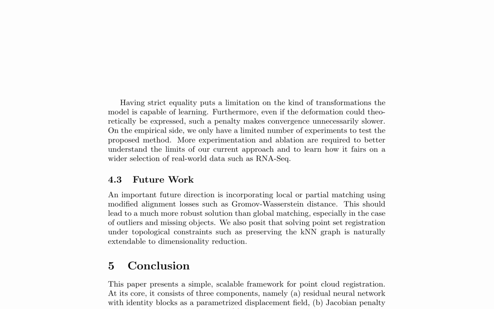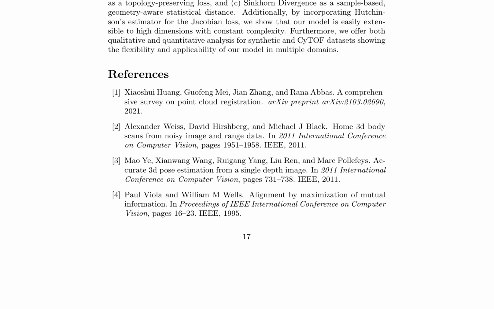In terms of future work, incorporating local or partial matching using modified alignment losses, like Gromov-Wasserstein distance, is proposed. This approach is expected to lead to a more robust solution, particularly in the presence of outliers and missing objects. Point set registration under topological constraints, such as preserving the kNN-Graph, can be naturally extended to dimensionality reduction.